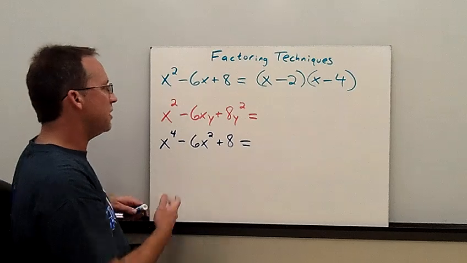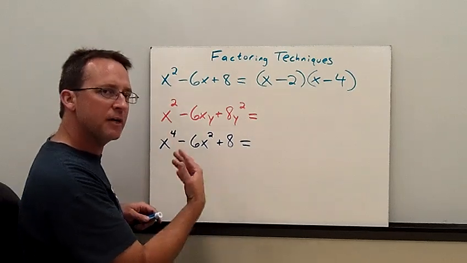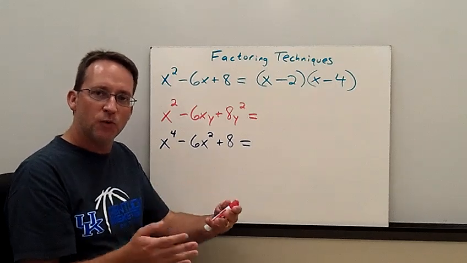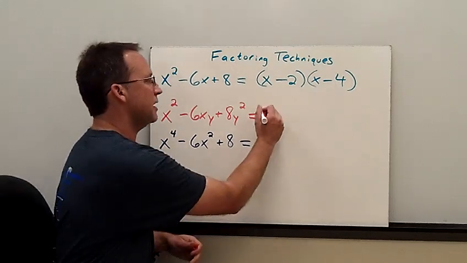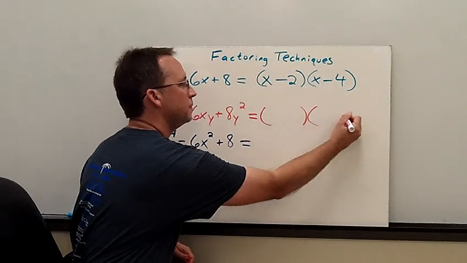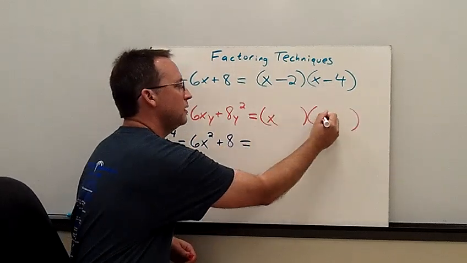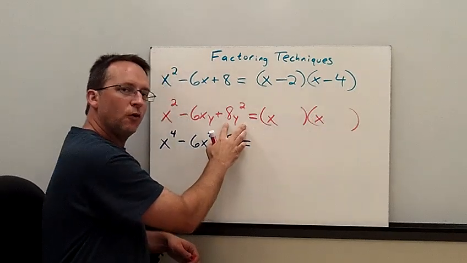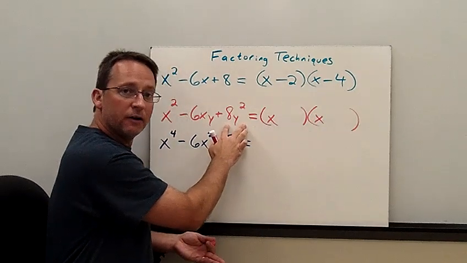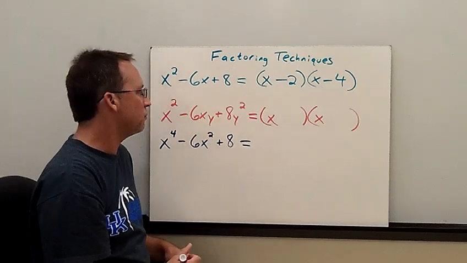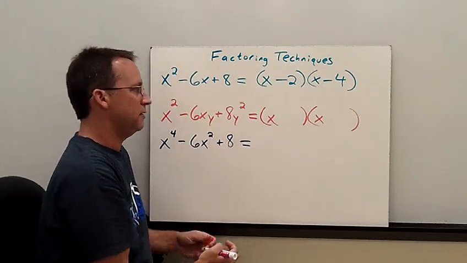Now in the second example here, we have basically the same problem, but now we have both an x and a y. Don't let that change the way that you factor this. Still think about, well, how would I break this down? I've got an x squared here, so x times x. Now I need two things you multiply to get 8y squared, but then add to get a negative 6y, basically.